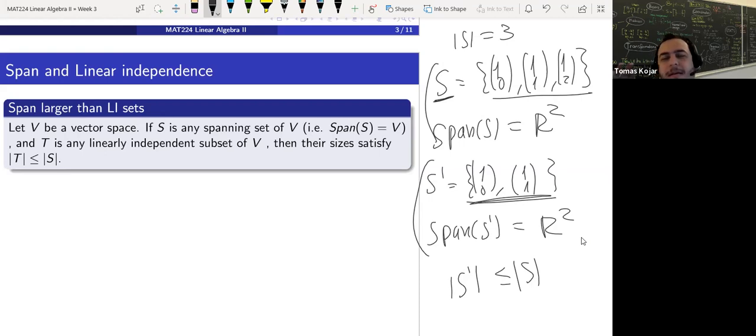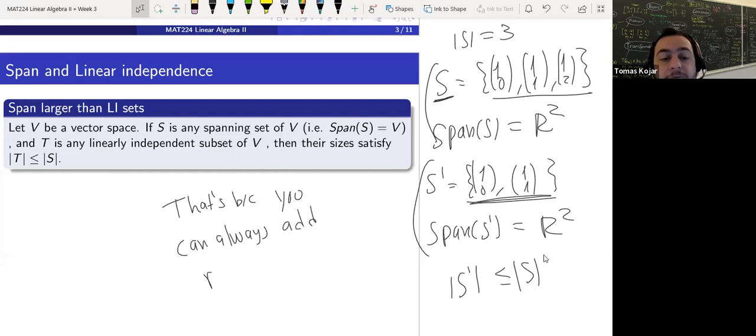Okay. That's because you can always add redundant vectors to an LI set.